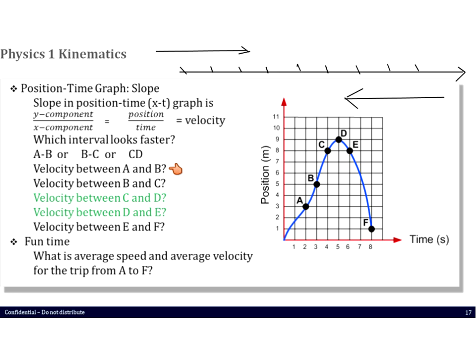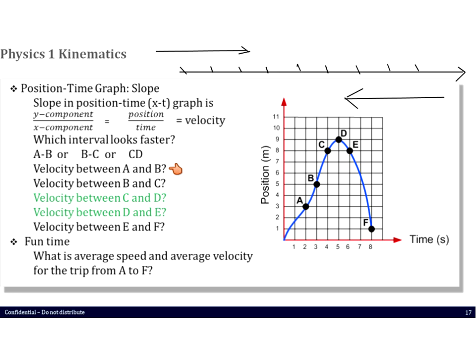So velocity between A and B. First of all, tell me with direction, plus or minus, what is the displacement from A to B? Good, it is plus 2. Very good.